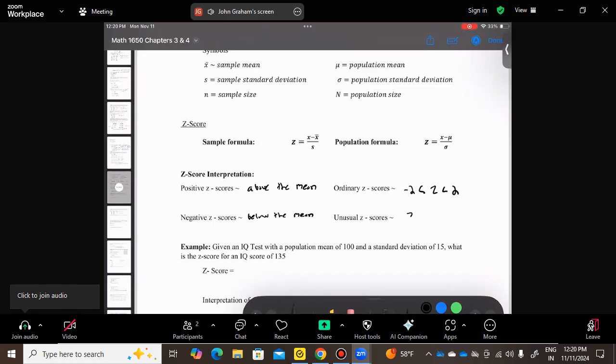Unusual would be when z is greater than 2 or z is less than -2. If it's less than -2, the value was way too low compared to what's considered average. And if it's greater than 2, the value is way too high.